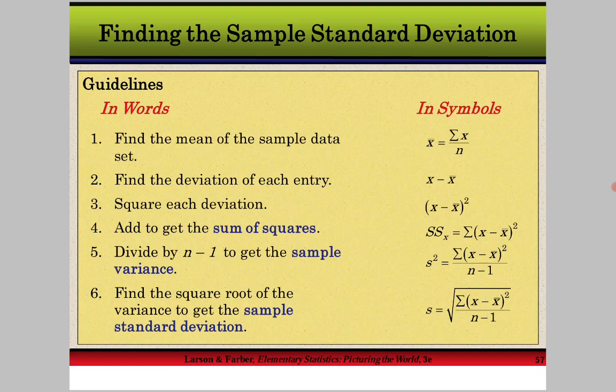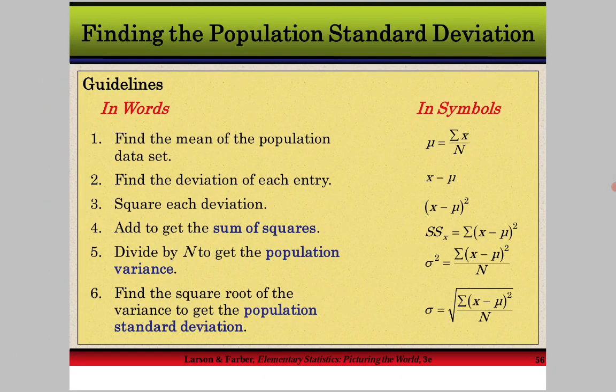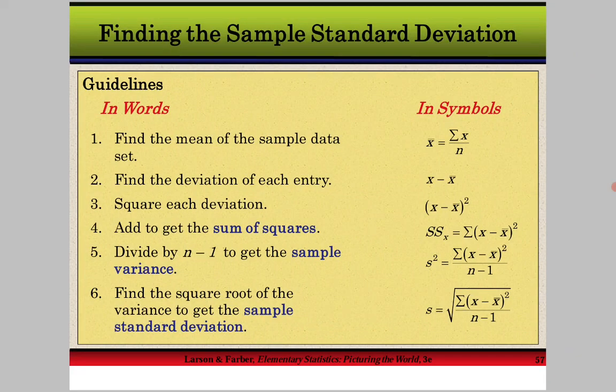In the previous slide, we found the population standard deviation of the entire data set, whereas sample standard deviation is found for a sample data set.